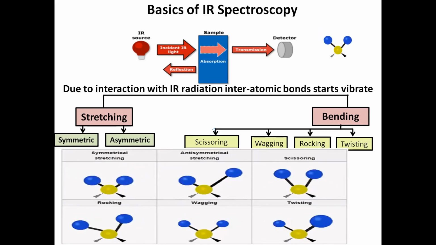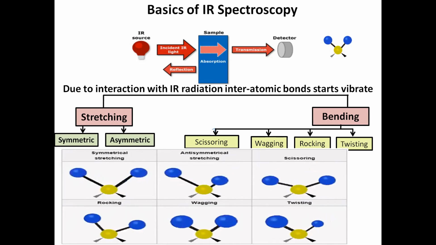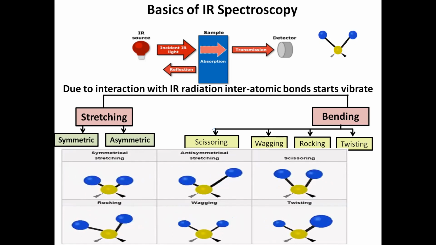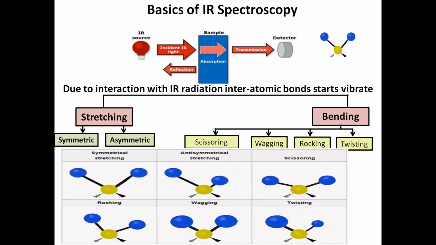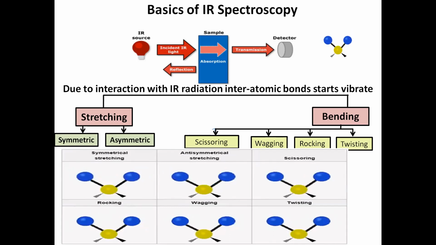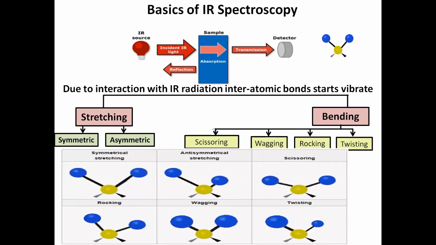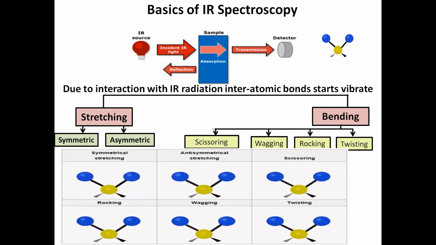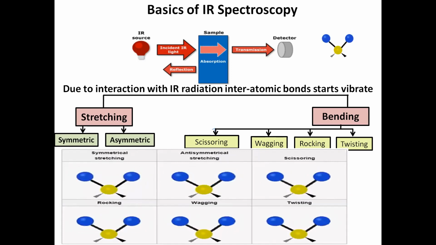These vibrations can be divided into two parts. First is stretching vibration, another is bending vibration. Stretching vibration can be further subdivided into two groups: symmetric stretching and asymmetric stretching. Bending vibration can be divided into four classes: scissoring, wagging, rocking, and twisting.